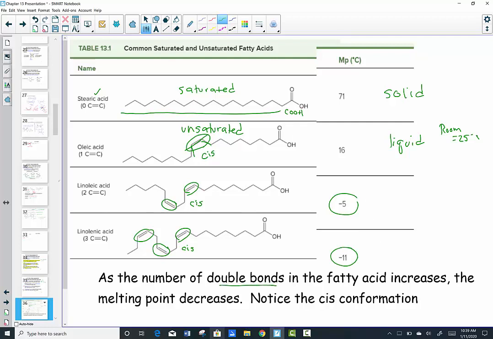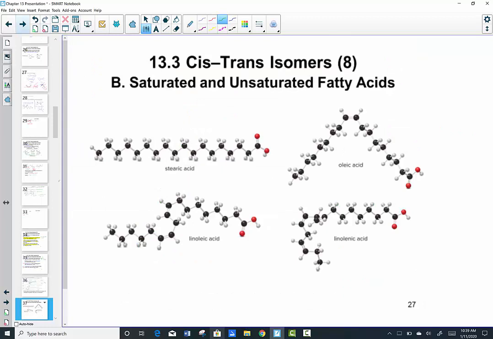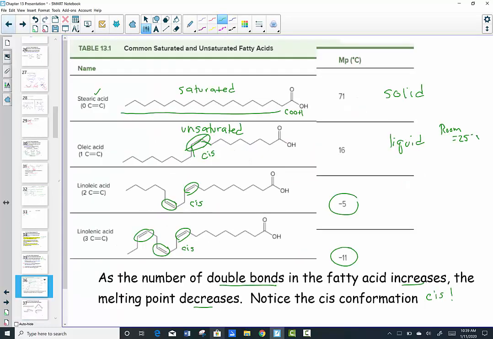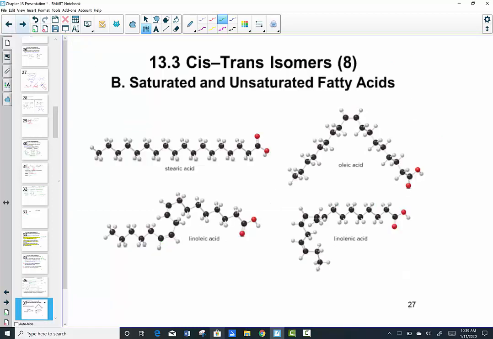These are just some ball and stick models to give you an idea. When we look back at this slide, those long carbon chains, if you wanted to see the visual of what the connectivity of the atoms looks like, look at here, this is the functional group of COOH, C-O-O-H. This is that saturated chain of stearic acid, just up, down, a long zigzag of all single bonds. Oleic acid with one cis double bond lowered the melting point. Here is linoleic acid.